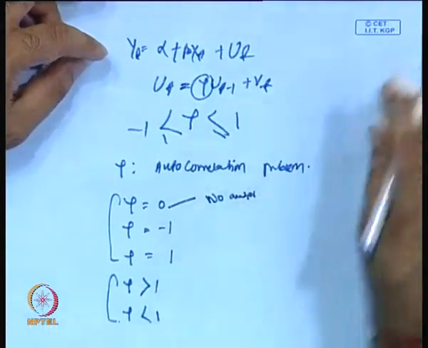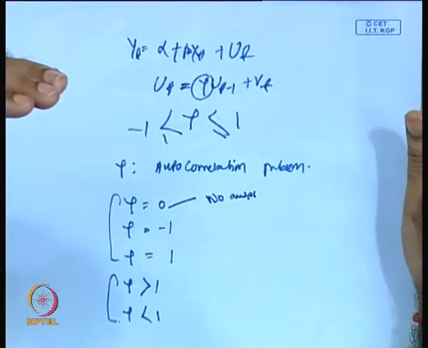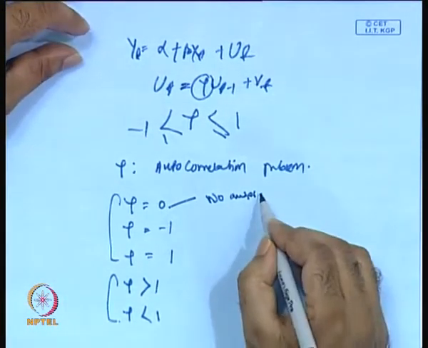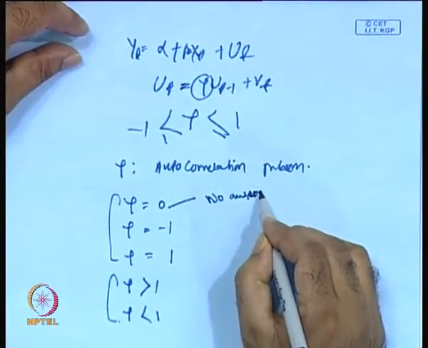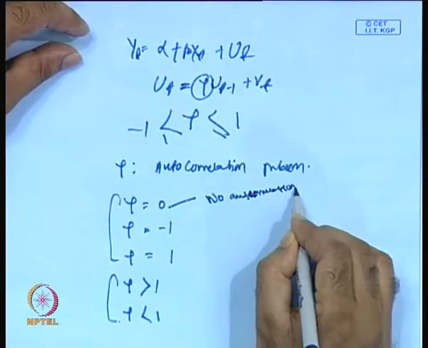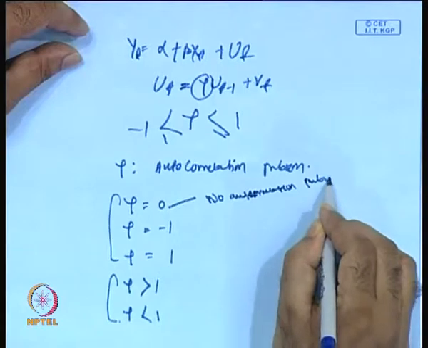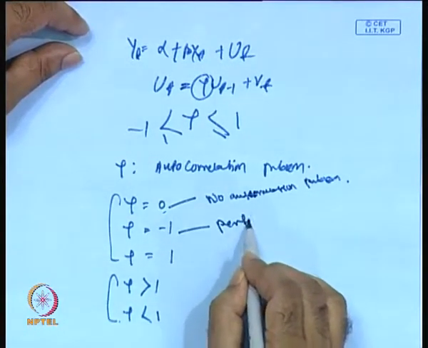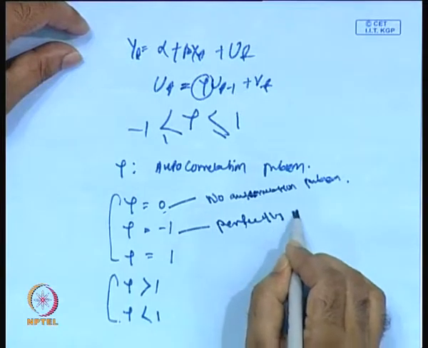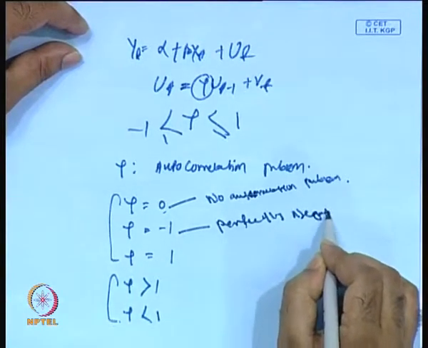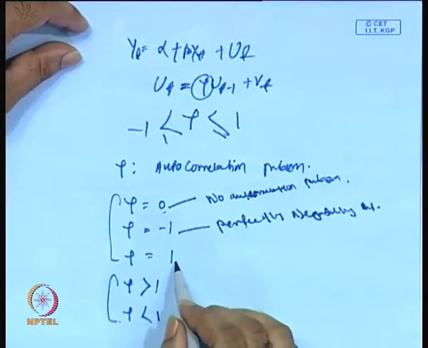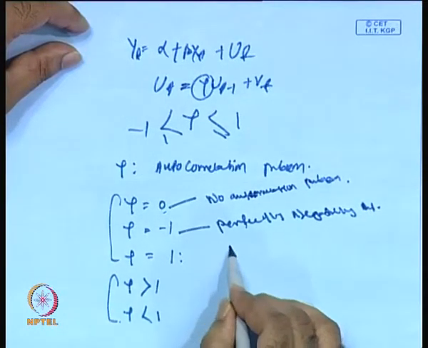That means there is no degree of association between the two error terms. That is called a no autocorrelation situation. When rho equals minus 1, it is called perfectly negatively autocorrelated.